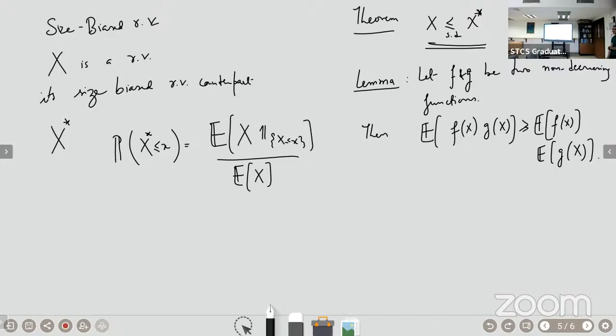You can't take x and 1 by x, because that is decreasing. So suppose I take f equal to g inverse. Is this still true? For example, f is x and g of x is 1 by x. The left hand side is identically 1. Can you make the right hand side more than 1?